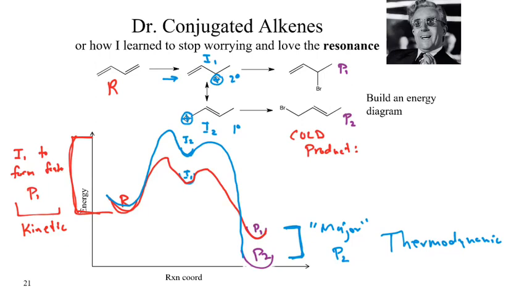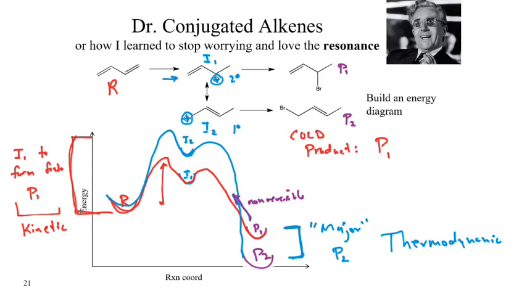Well, if it's cold, I don't have a lot of energy, which means I can really only clear the smallest activation barrier, which means the product that I'm going to get first will be product 1. Because it is cold, I also can't reverse this reaction very easily. So under those cold conditions, I don't reverse the reaction. I can only form product 1 and I'm done.